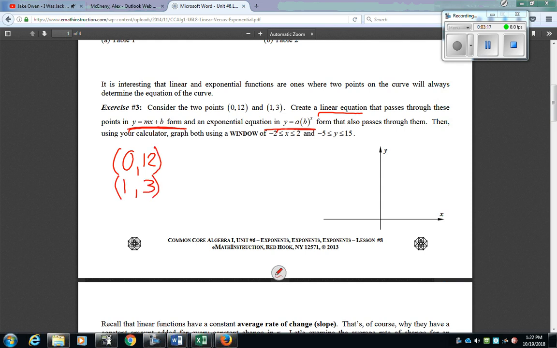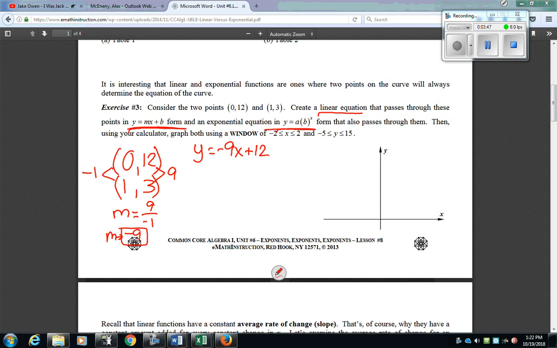So in the case of this, if I subtract these two, I get 9 and negative 1. So that would mean my slope would be equal to 9 divided by negative 1, which would just equal negative 9. So that's my m value, negative 9. So our equation for this would be y equals negative 9x plus 12.